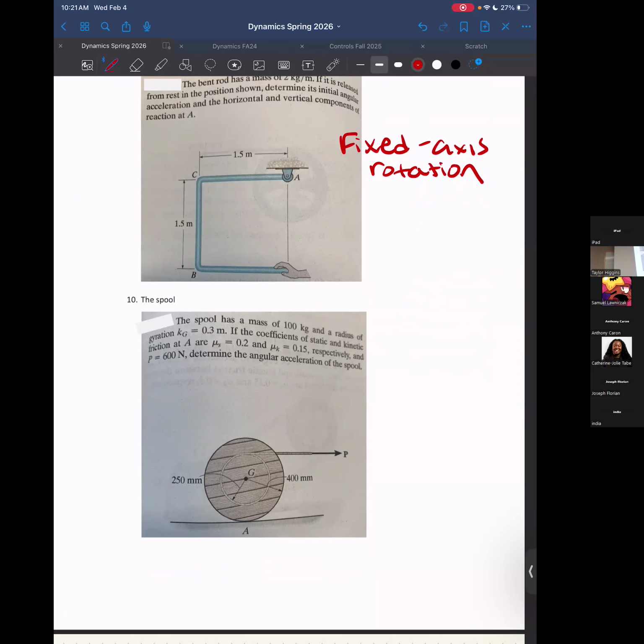I really can't tell until it's fixed. Yes, I think you're right. I think we would need to know if it slips.